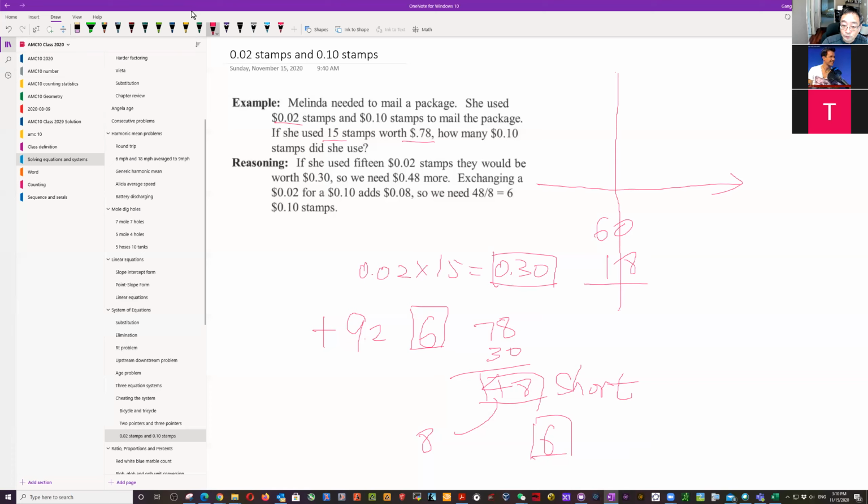by graphing it. So basically, we're going to reach 78 cents, and let's say that this is the 2-cent slope, and let's assume that this is the 10-cent slope.